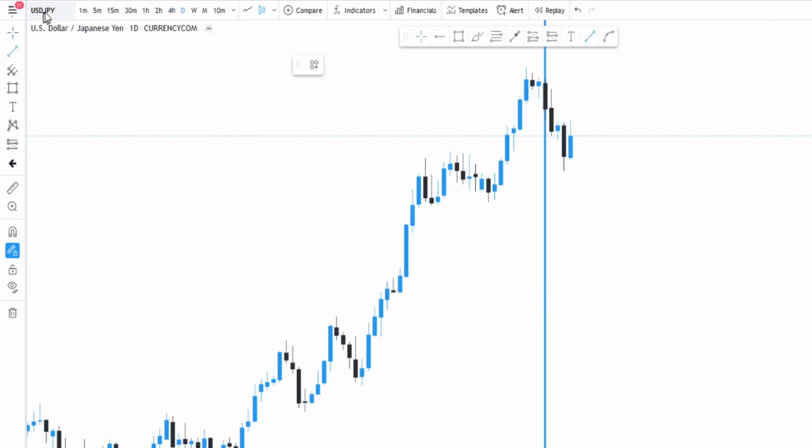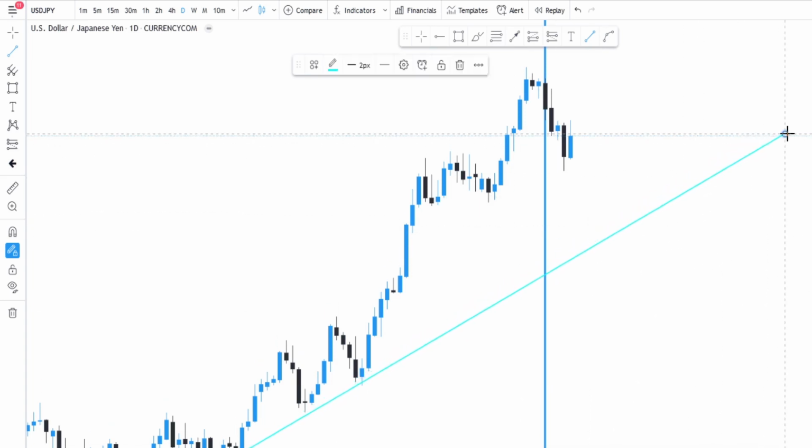So here at the UJ, we are looking for an uptrend. Let's draw the trend line here. Sorry, A, B, C, D. Here we got a massive rally.